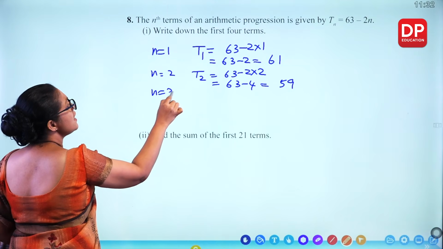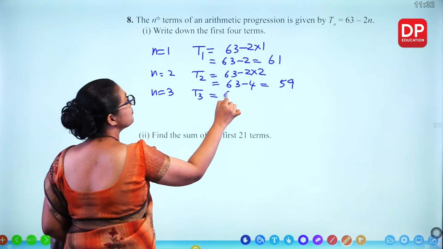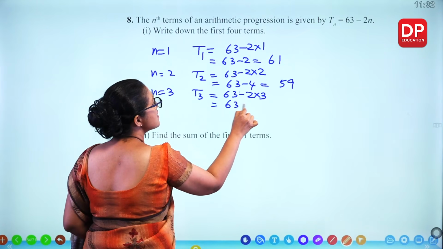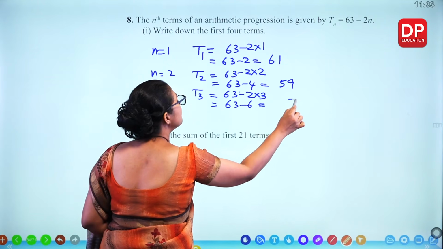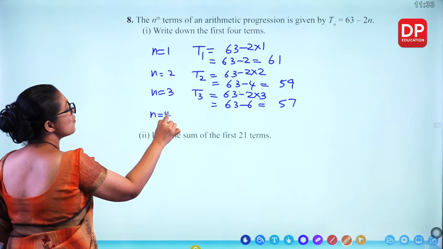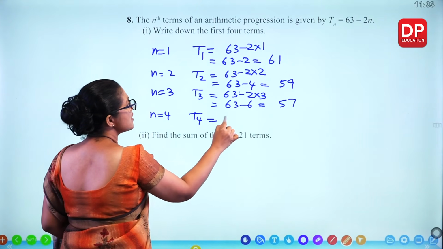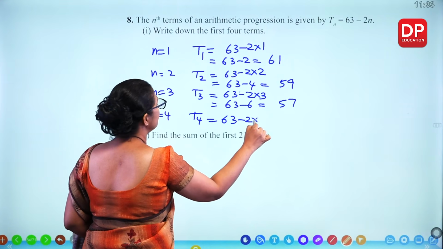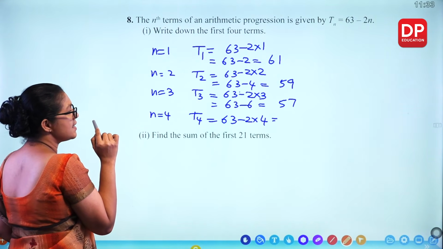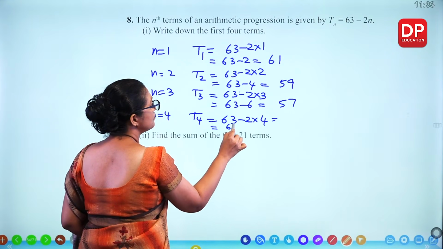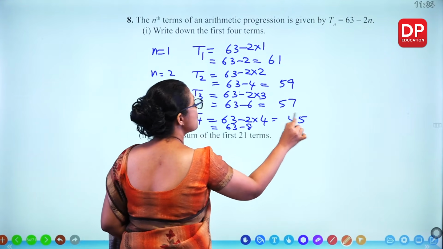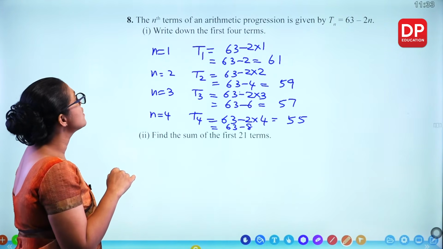N equals 3, you get the third term. 63 minus 6, 57, and n equals 4, you get the fourth term. 63 minus 8, 55. Those are the 4 terms.